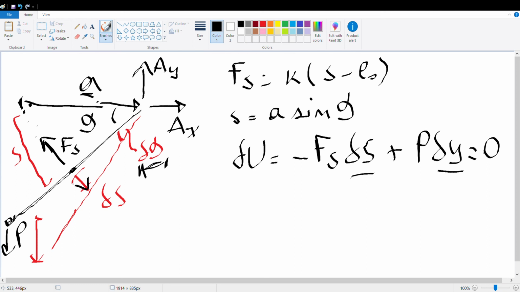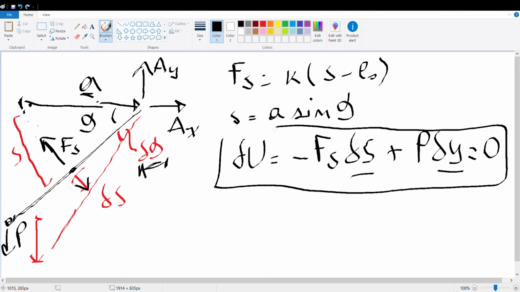And this is where choosing the most convenient displacement comes in. You can write the virtual work with respect to any displacement, but then you have to manipulate this function so that the virtual displacement is the same. In this way you can simplify it.